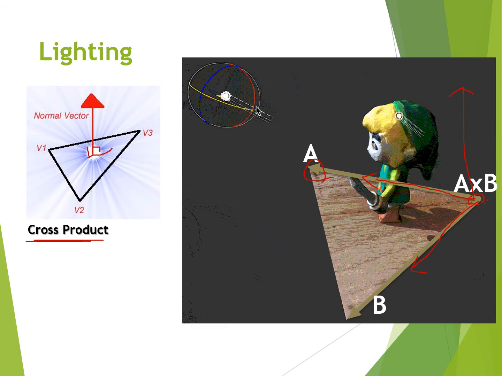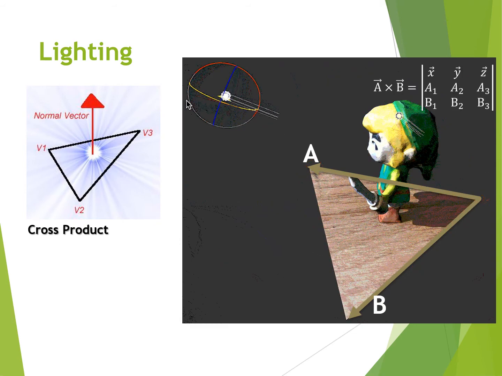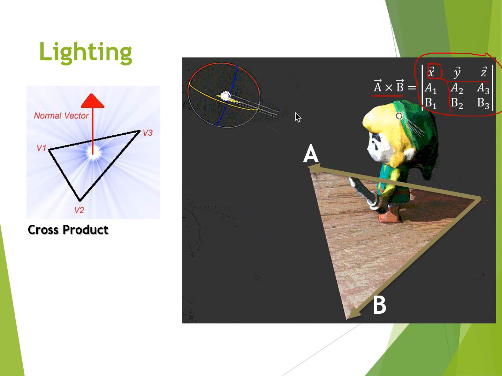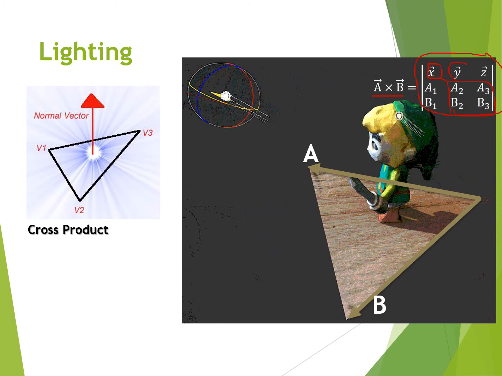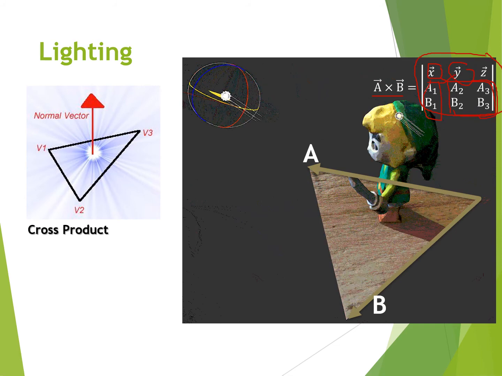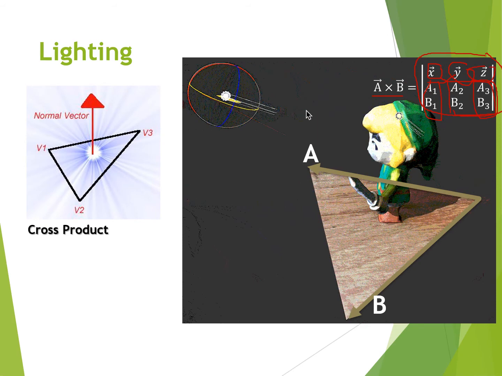So here is the calculation of the normal. When you have A cross B, you have this kind of matrix setting, and then you calculate the x value by using this part, the y value by using this part, and the z value by using this part.